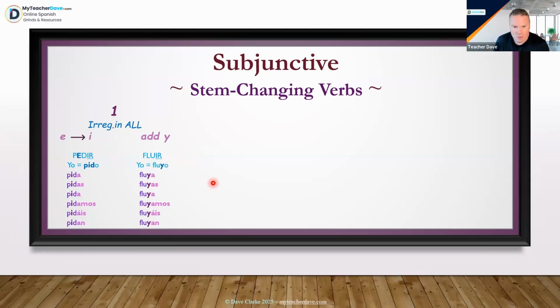All of a sudden, we've added a Y that wasn't in the original, the infinitive, as we call it. Notice, guys, there's a really clear category here. It's IR verbs that have a U in front of them. That means that any verb that ends in UIR, there's a U in front of the IR, behaves exactly this way.